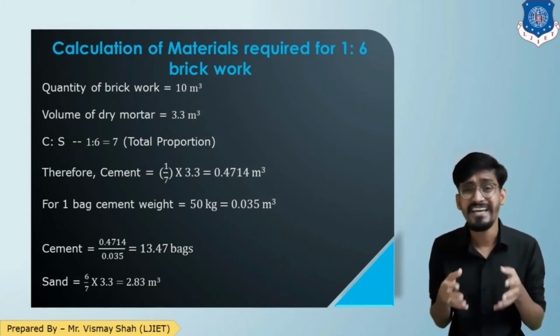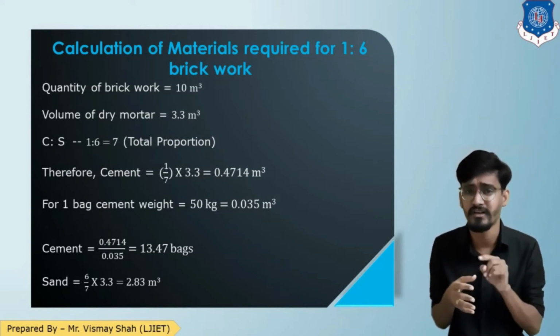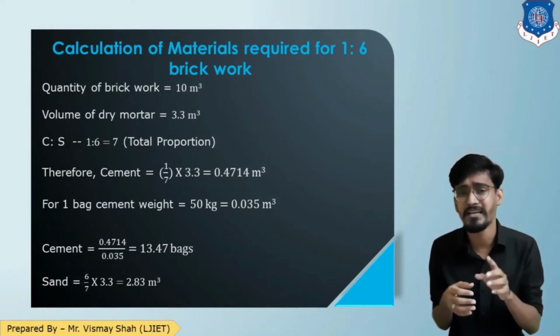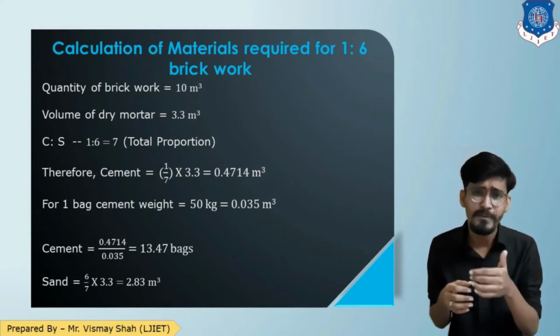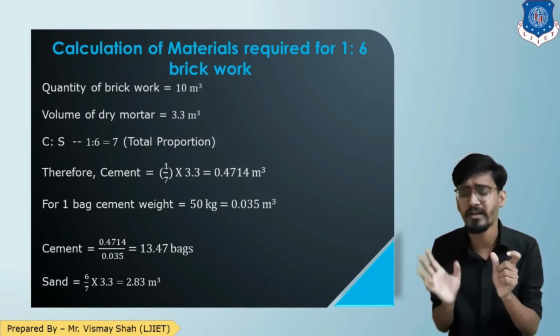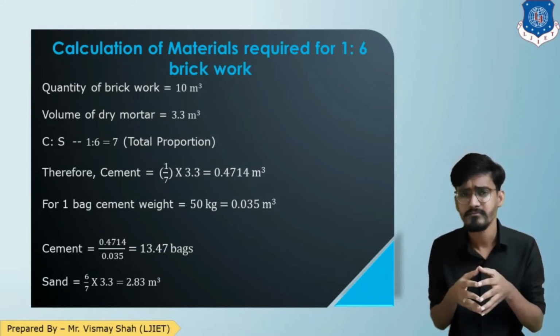Students, here currently no quantity of brickwork is mentioned. So either you can take 1 cubic meter, or you can take 10 cubic meter. But for better answers, as per the thumb rule, whenever the quantity is not mentioned and the item of work is of cubic meter nature, assume 10 cubic meter.